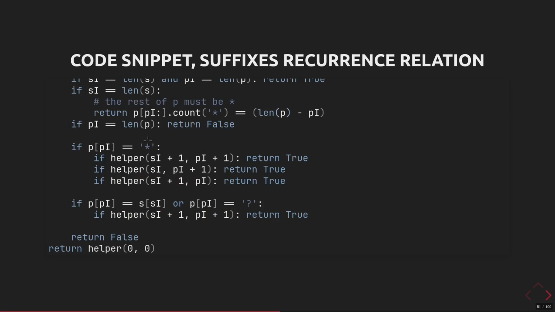So what happens when we have a star? This is the more complex one. For our current suffix right now, this star, I don't know, this might be APPL, and then let's just have this E right here. You might decide that this star matches, and I'm ready to move on from this star.